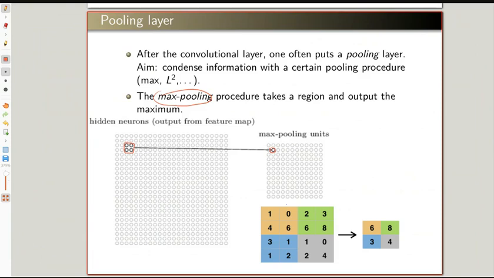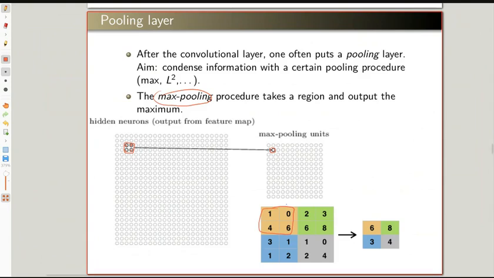So in some sense, it is making the information more local, because if the maximum is here or here or here or here, it doesn't matter. This layer is saying, I don't care where the maximum is, as long as this number is in one of these 4. Okay, so this is another way of reducing the information, summarizing the information in the image.